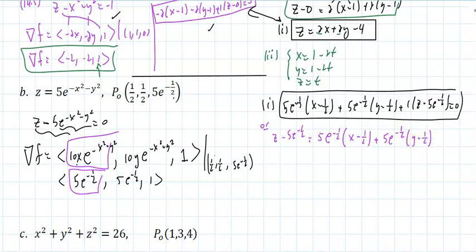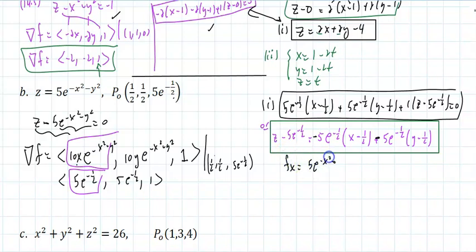And let me just check the difference here. Except here, if I take f sub x, that's going to be 5e to the negative x squared minus y squared times negative 2x.